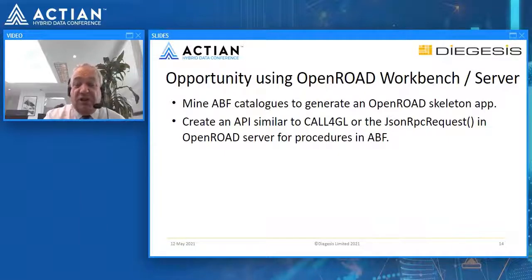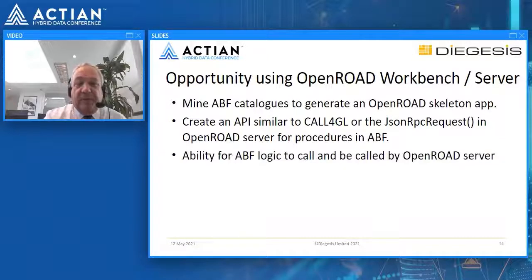That's your call. You have the option, depending on your commitment and investment to OpenROAD. We've got the ability for the ABF logic to call and be called by the OpenROAD server, either via the queues or by curl.